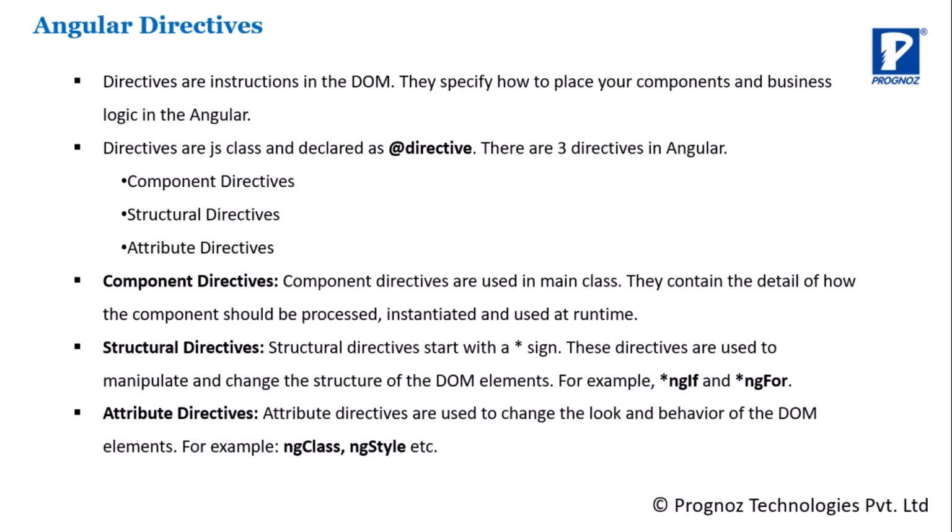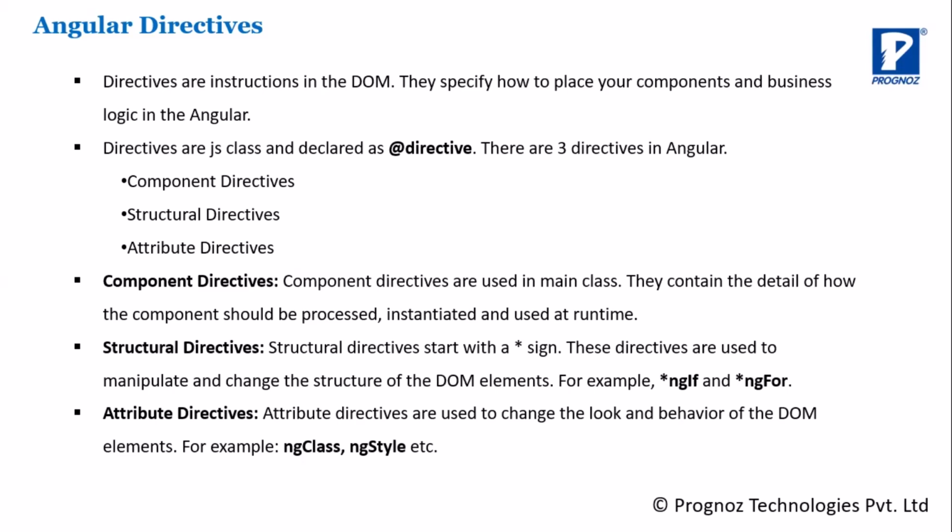Component directives are the main class जो हम लोग लिखते हैं ना, app.component.ts फाइल क्रिएट करते हैं. So that is nothing but the component directive where we can see the app component class, and which is going to be used in the runtime, how it is going to be processed, how to create the instance, matlab object, and how it is going to be used in the runtime.